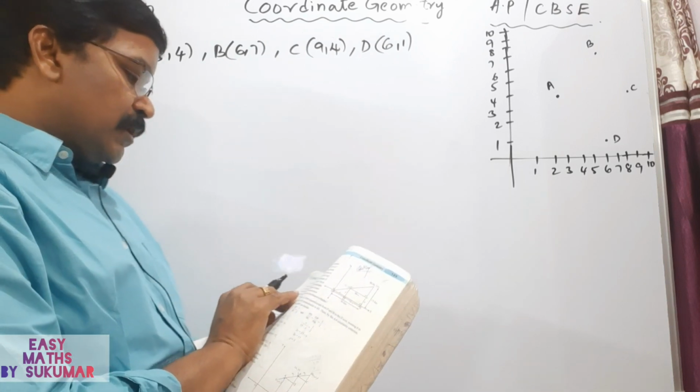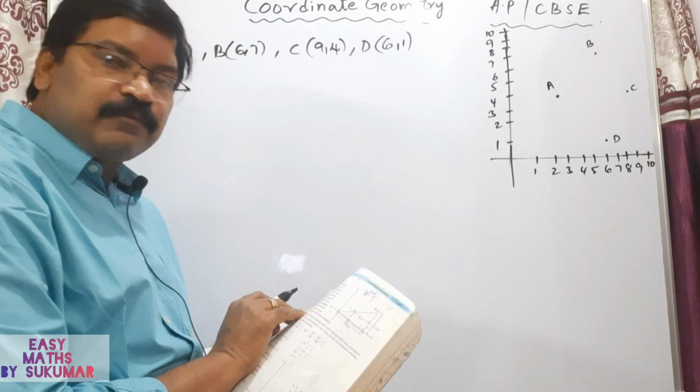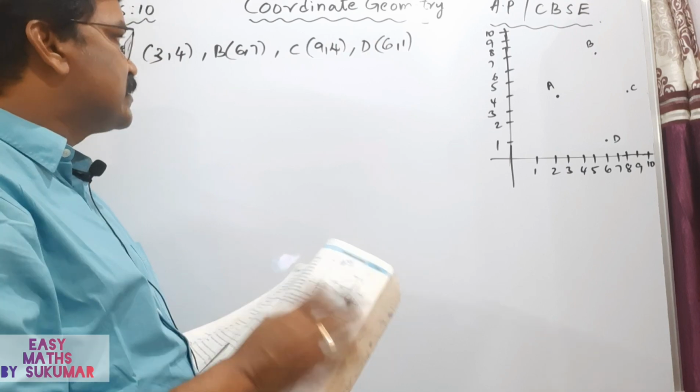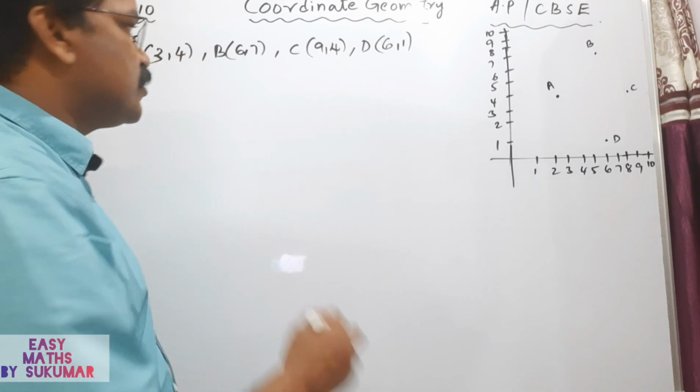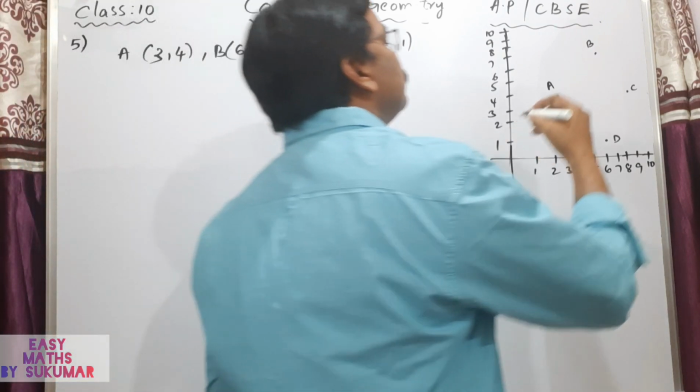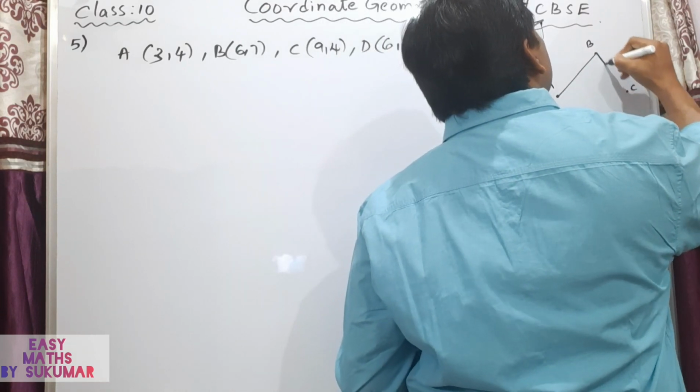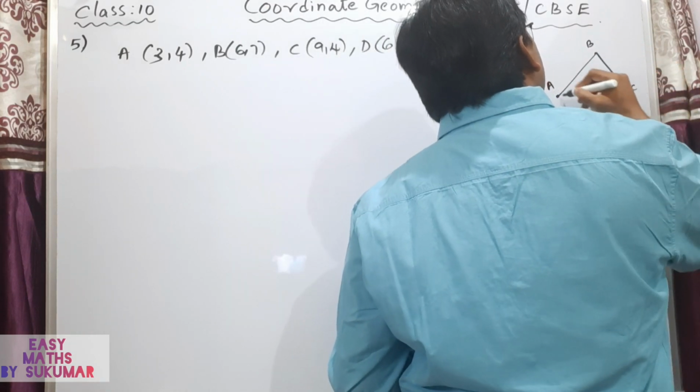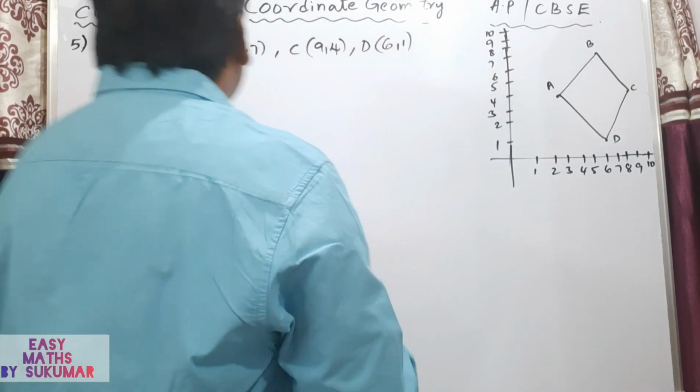Okay, good. And the capital D, the position of the fourth girl, is at 6, 1. Okay. Let us find the distance between A, B, B, C, C, D, and A, D. So first A, B.